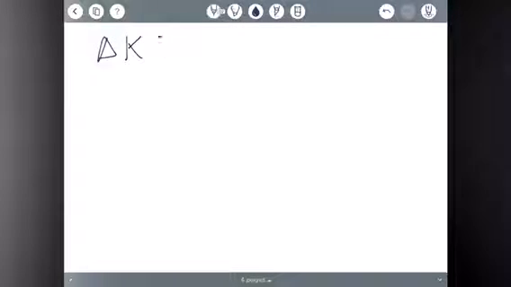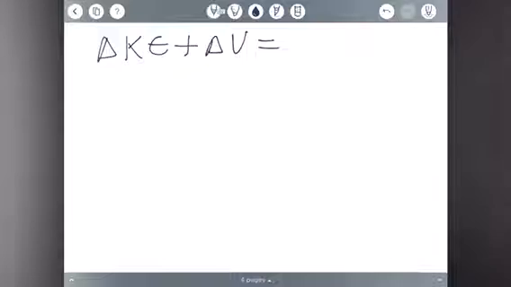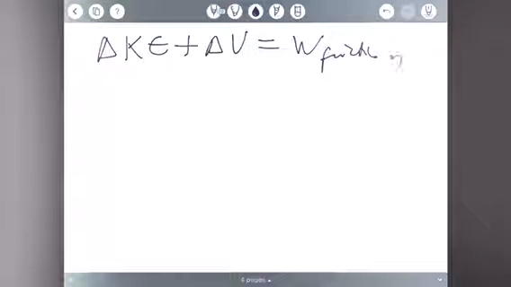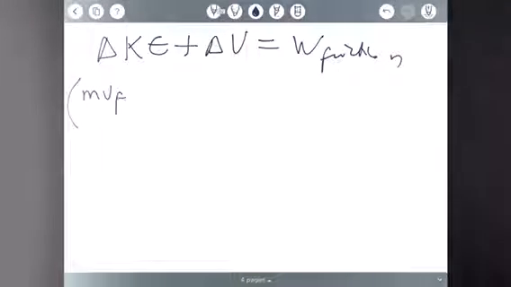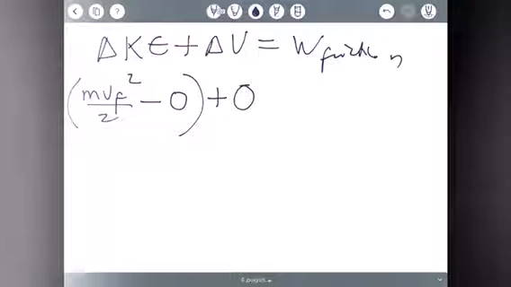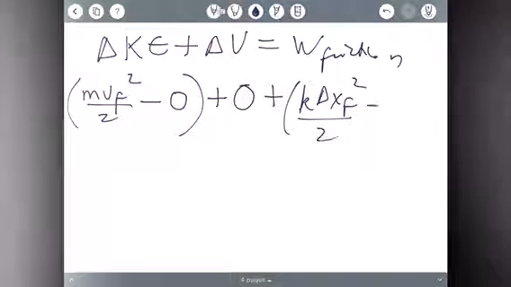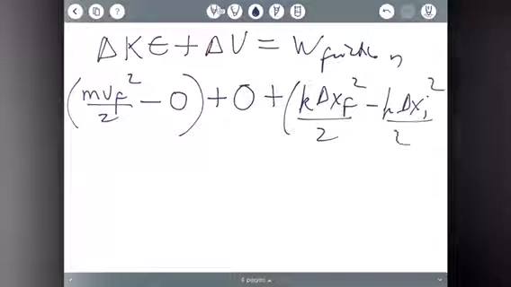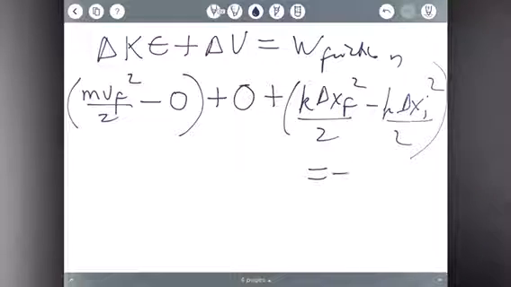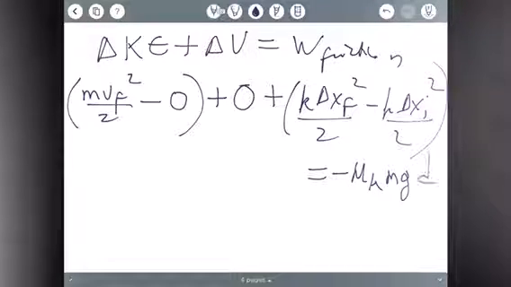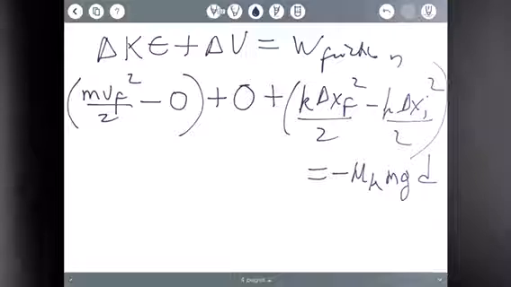Alright, so we got all the physics down. We go back to the original equation and we write down the final and initial kinetic energies to find the change in kinetic energy. We do the same to find the change in potential energy. There was no change in the gravitational potential energy, but some in the elastic potential energy. And then we set that equal to the work done by friction.